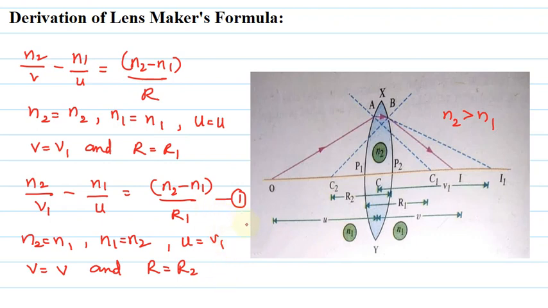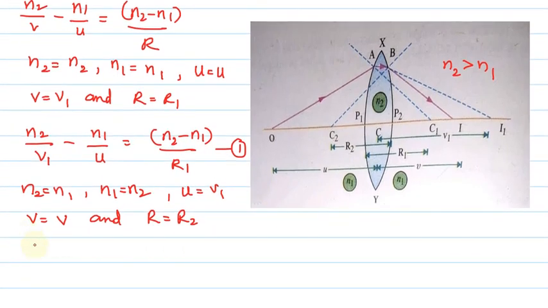If we substitute these terms, then we can write it as N1/V minus N2/V1 is equal to (N1 minus N2)/R2.